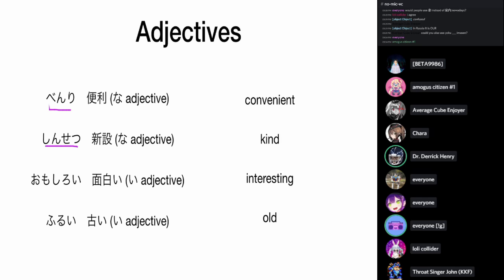Benri ends in an e sound, but it's a na adjective. For the e adjectives, we have omoshiroi, which is interesting, as we talked about, and furui, which is old, which we also talked about in an old lesson when we first talked about adjectives. So two examples of each. Most of my examples only use the first for each, but you can imagine using the other ones as well.